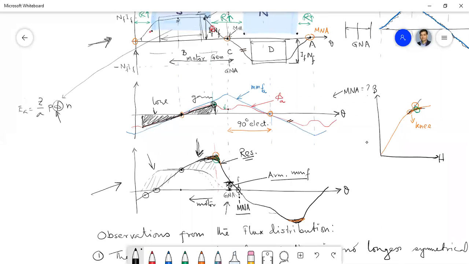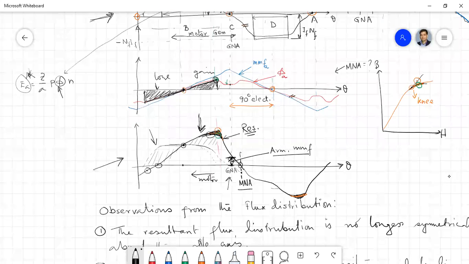If this flux per pole is unaltered, then there is no question of change in induced EMF, EA.